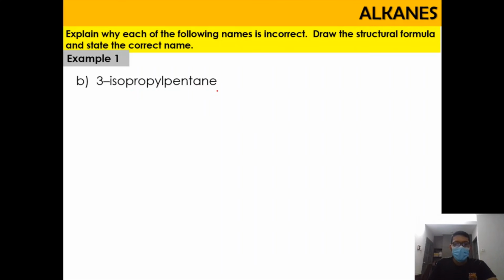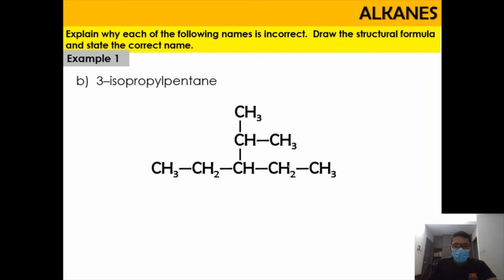For B, 3-isopropylpentane. So people thought it's going to be 1, 2, 3, 4, 5 pentane, and then at number 3 it's going to have isopropyl. Okay, however the naming here is wrong because you need to select the longest carbon chain first, which is 1, 2, 3, 4, and 5.